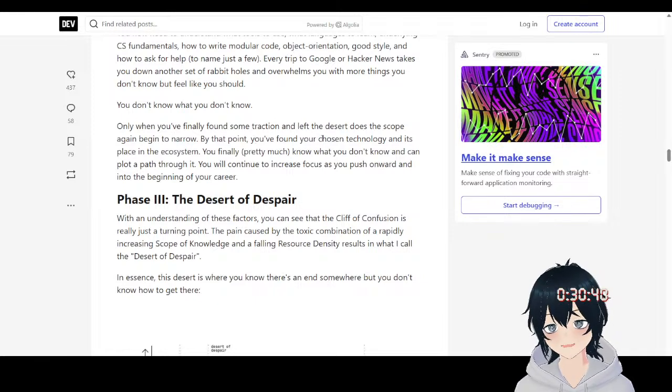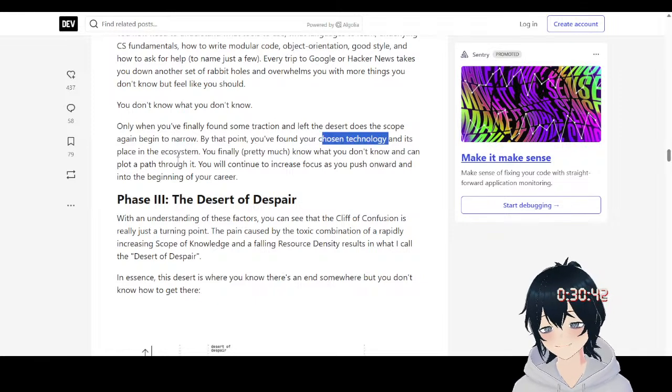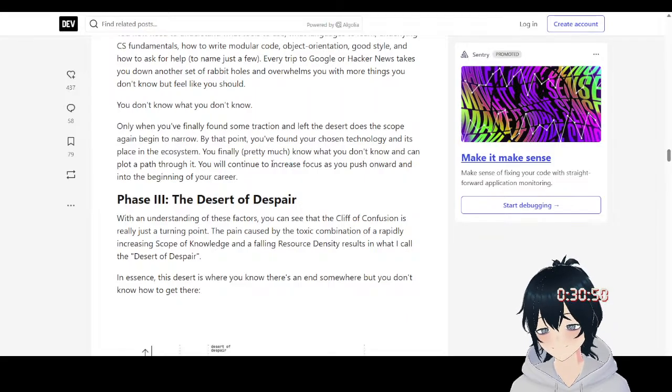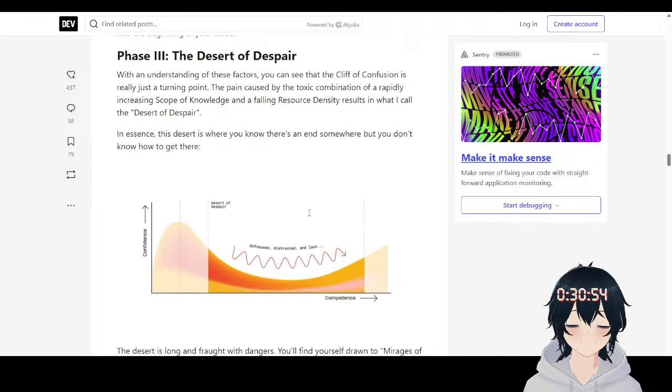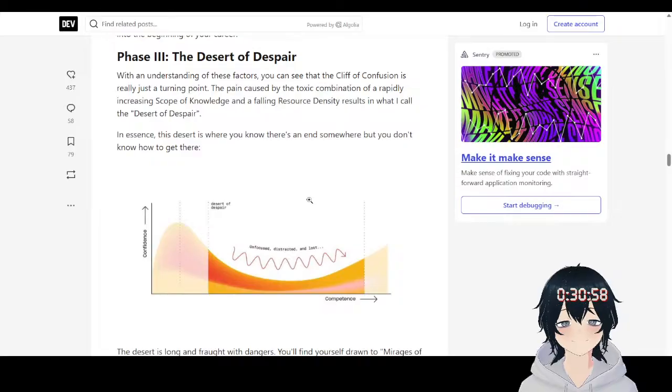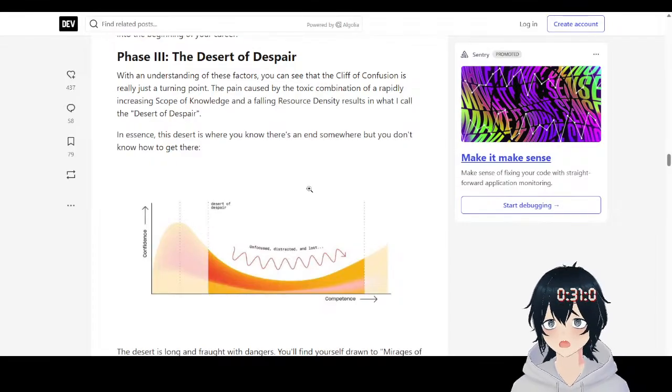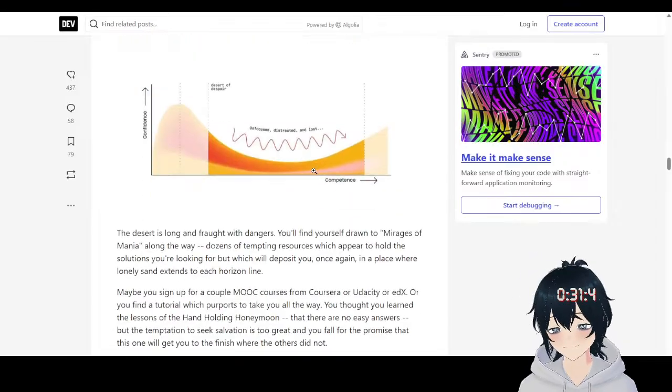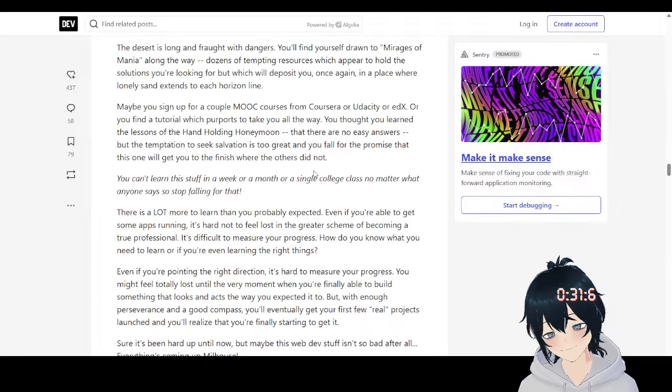You found your chosen technology and it's placed in the ecosystem. Pretty much. But I don't know how to get there, yes. I can really imagine it.